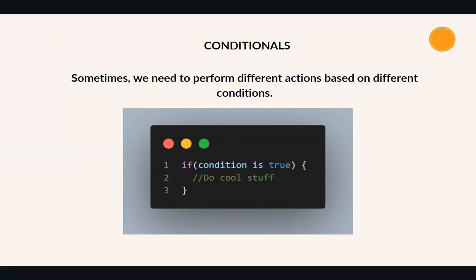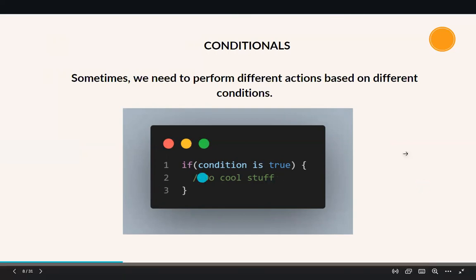Now, after the logical operators, we spoke about conditionals, and we said sometimes we need to do something based on different conditions. And the way we can do that is to use what we call conditionals. So we looked at the if, and we looked at the else, and we looked at how we could have optional else ifs. So if condition is true, do something.